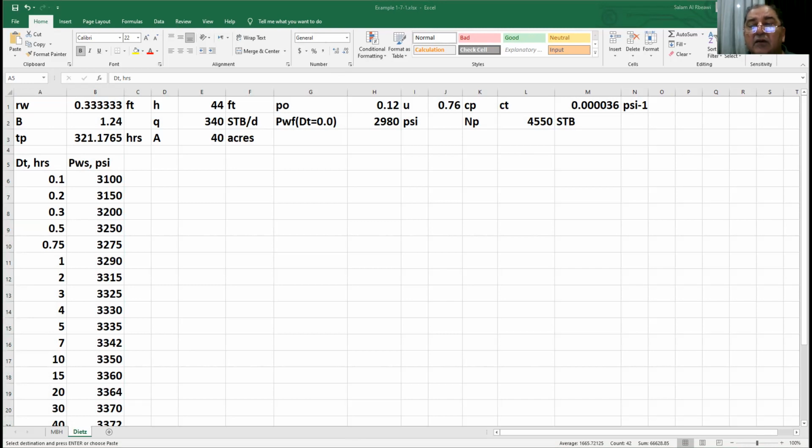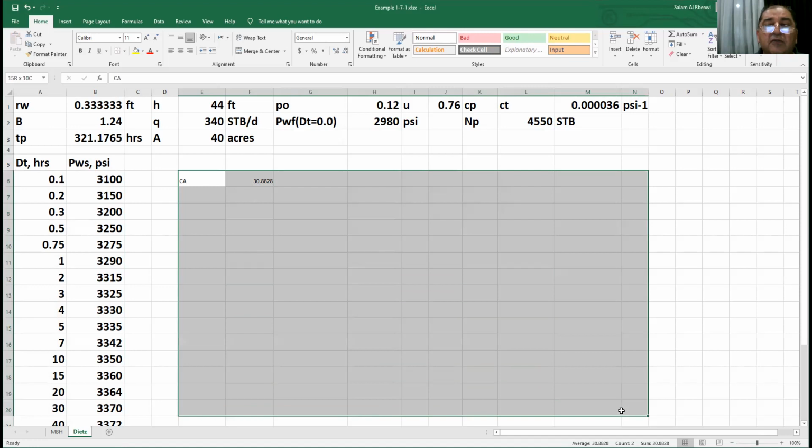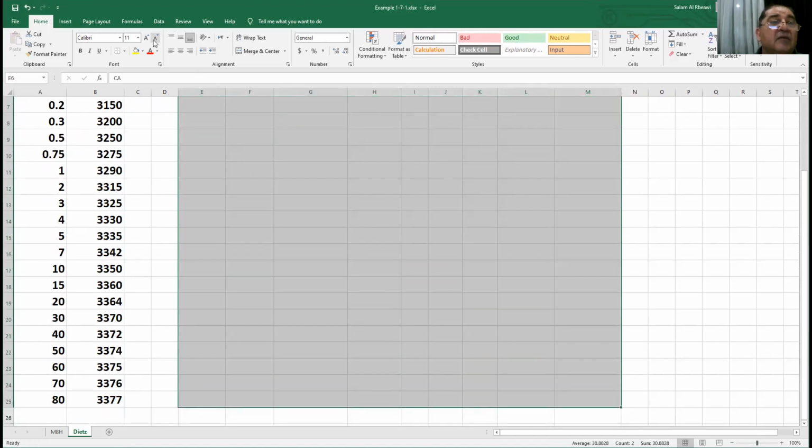Yeah, here is the shape factor, slide number 90. The shape factor for a square, CA, would be 30.8828. This is from table 1.46.